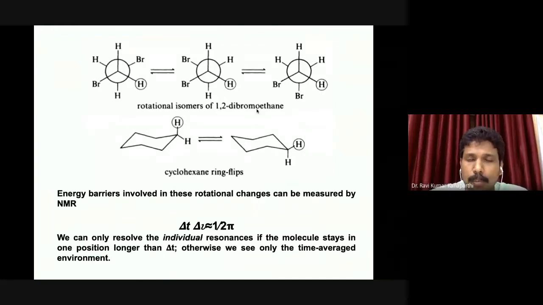Then there are 4 protons, CH2 CH2 methylene protons. These methylene protons are present in the same chemical environment, so they are equivalent protons with regard to chemical reactivity. Therefore, naturally, one would expect it to give one NMR signal, because it is a symmetrical molecule.